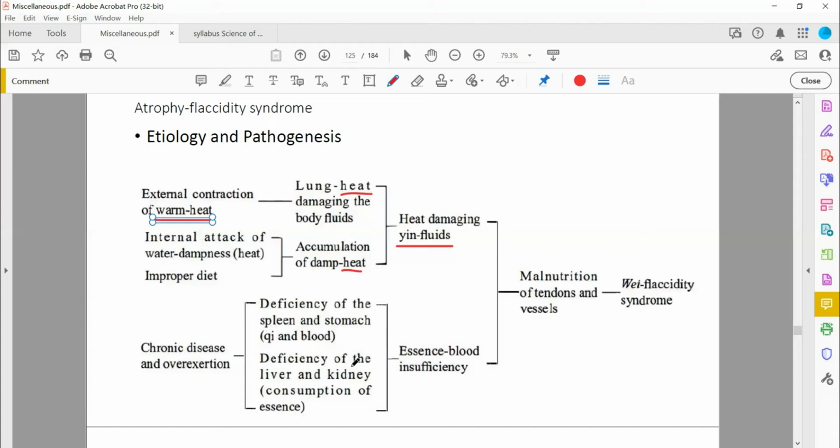Or there could be deficiency of the liver and the kidney. That's because of the consumption of essence, kidney essence, right? And liver, that's blood. Liver and kidney have the same source, right? The blood and essence share the same source.